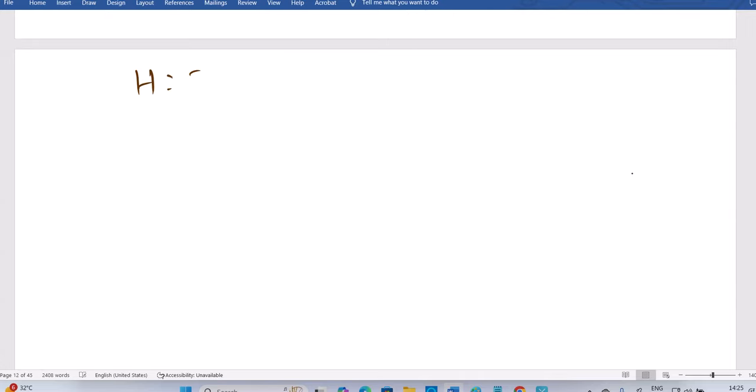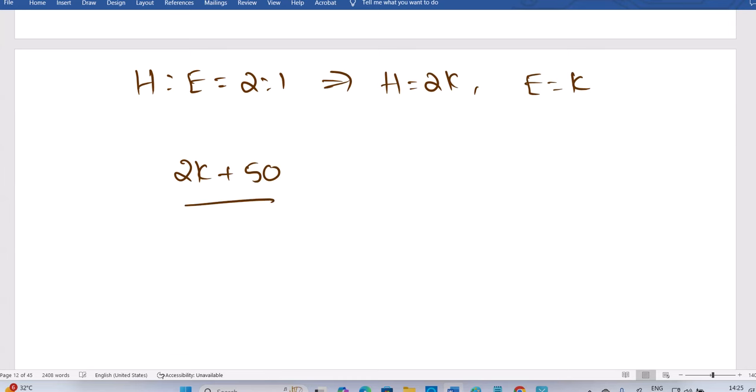Okay, listen. High school to elementary school ratio is 2 is to 1, so I can consider high school 2K, elementary school K. 50 more finished from high school, 200 from elementary school, then the ratio is changed to 3 is to 4.